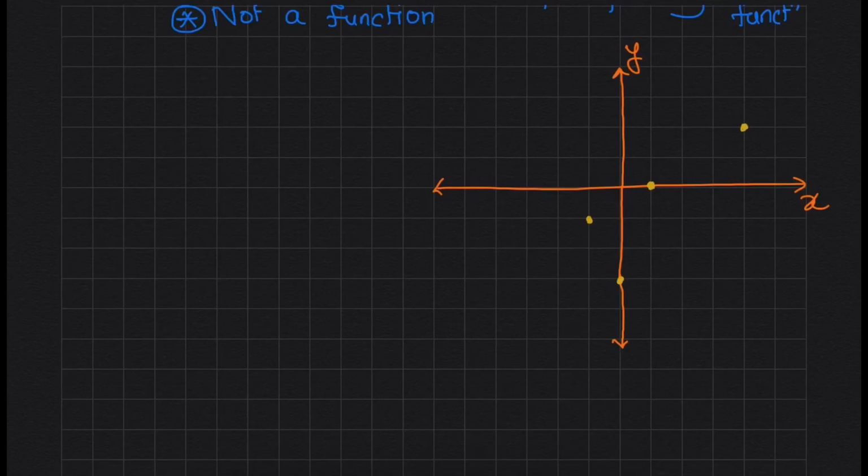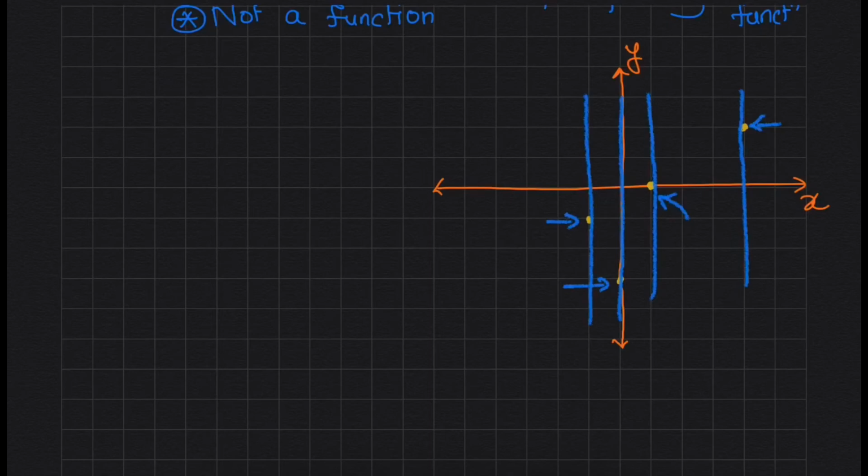If you pass a vertical line through the points, there is only one point on each and every line, and that tells you it is a function. If there are two points, suppose I found a point here on this line, then I can say this is not a function.